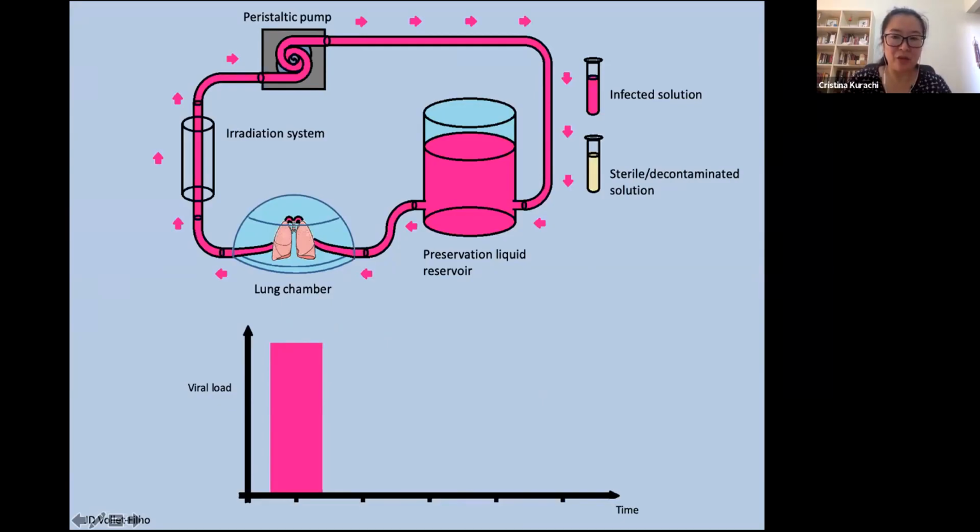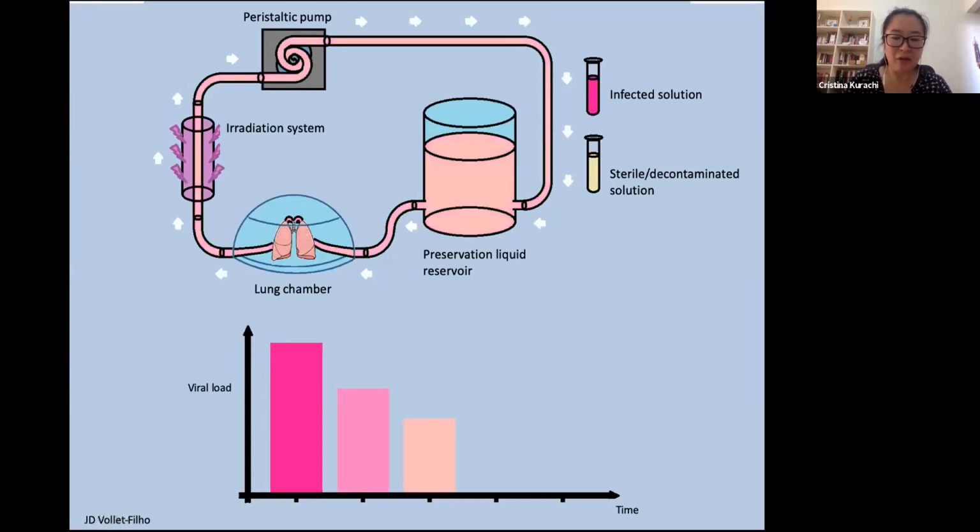In fact, we use aPDT, but also just UVC, because we are not irradiating the organ, we are irradiating the infected solution. After running this treatment, as a function of time, we are going to be reducing the viral load of this infected solution.